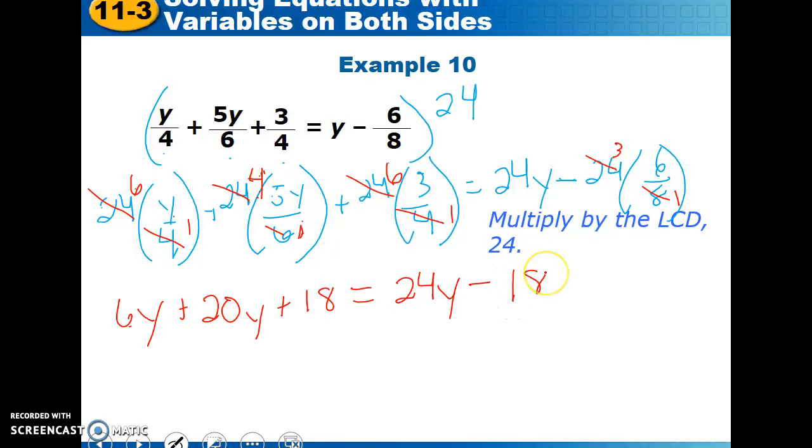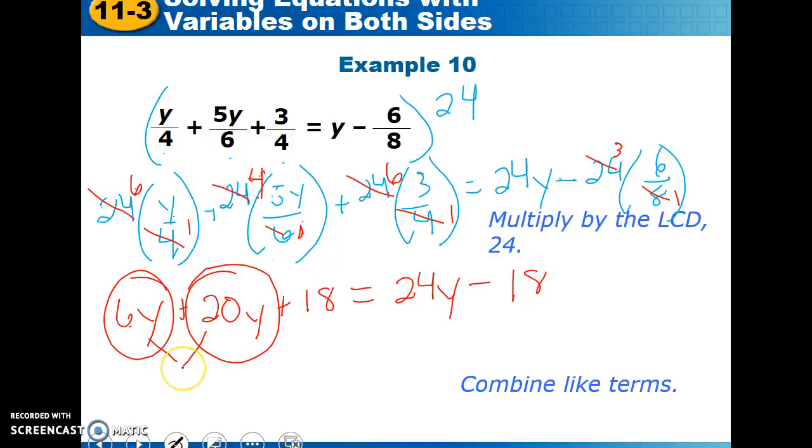is 18. So before I start to solve, I'm going to combine like terms. So on this side, I've got a 6y and a 20y, combining them to be 26y plus 18 equals 24y minus 18.